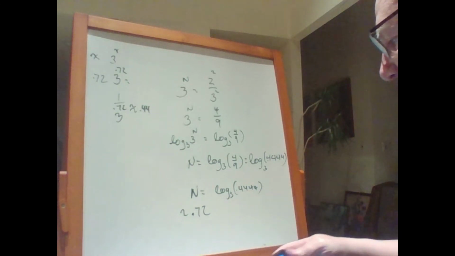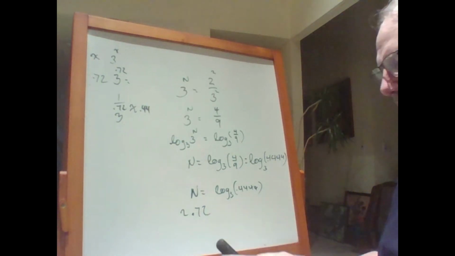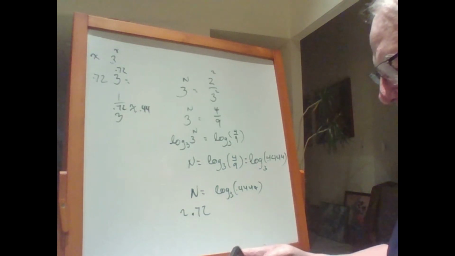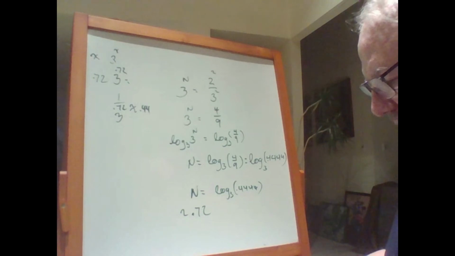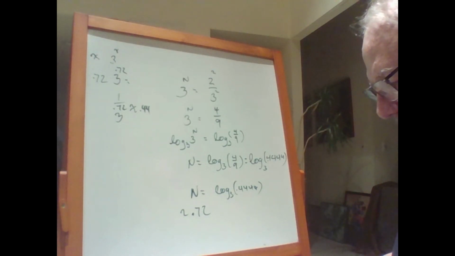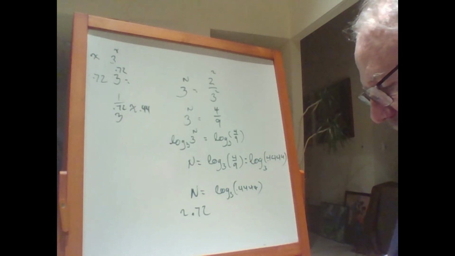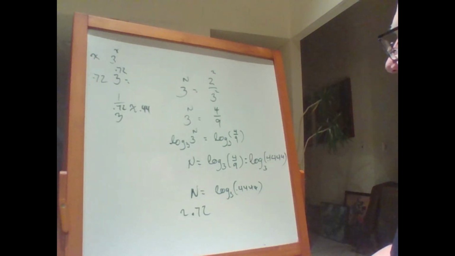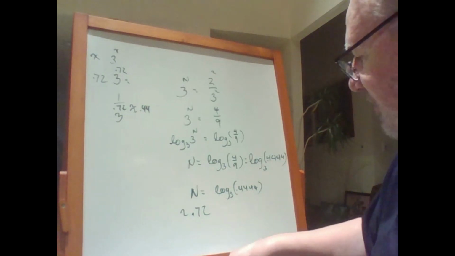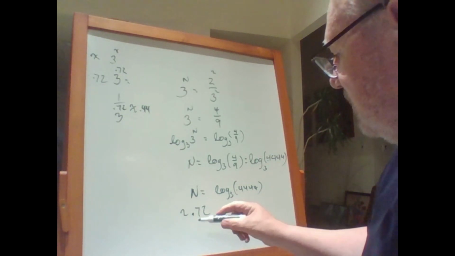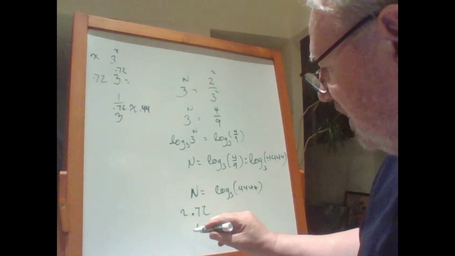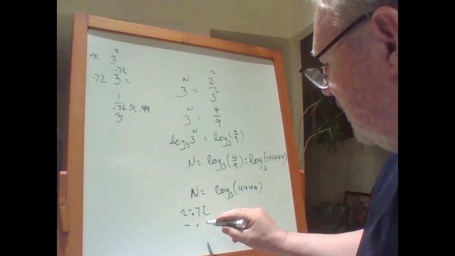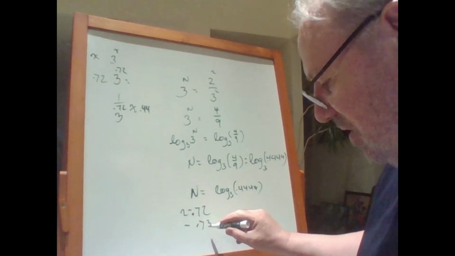So let's see what we got here if I do it correctly using a calculator. So we have log base 3 of 0.4444 equals, it's closer to, negative. I forgot the negative sign here. Negative 0.738.